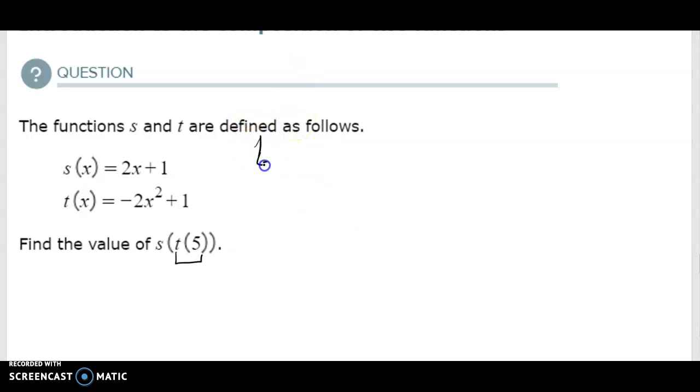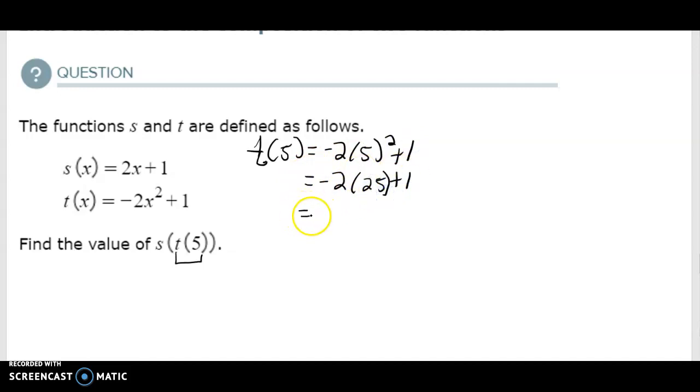And everywhere I see an x, I'm going to put a 5. So I get negative 2 times 25 plus 1. That is now my input.